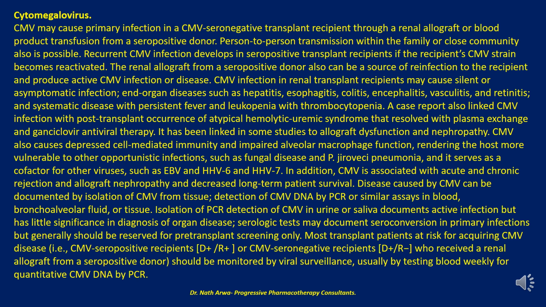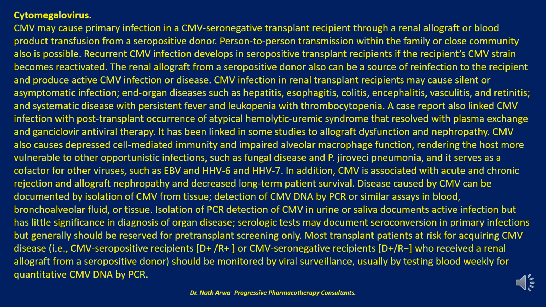CMV also causes depressed cell-mediated immunity and impaired alveolar macrophage function, rendering the host more vulnerable to other opportunistic infections, such as fungal disease and Pneumocystis jirovecii pneumonia, and it serves as a cofactor for other viruses, such as EBV and HHV6 and HHV7.